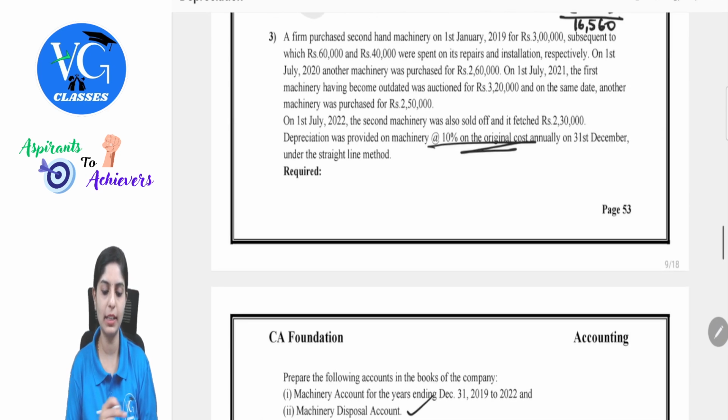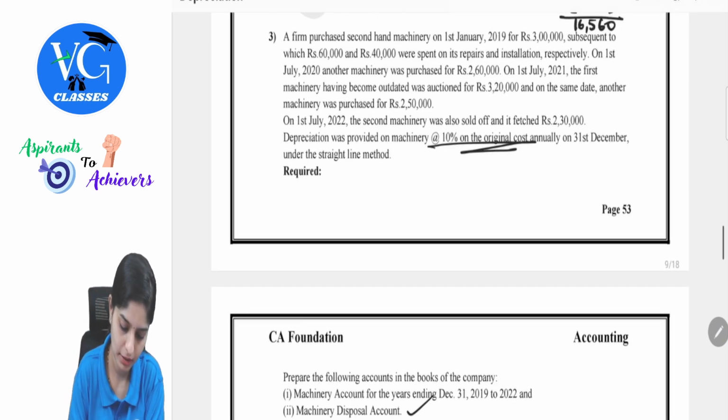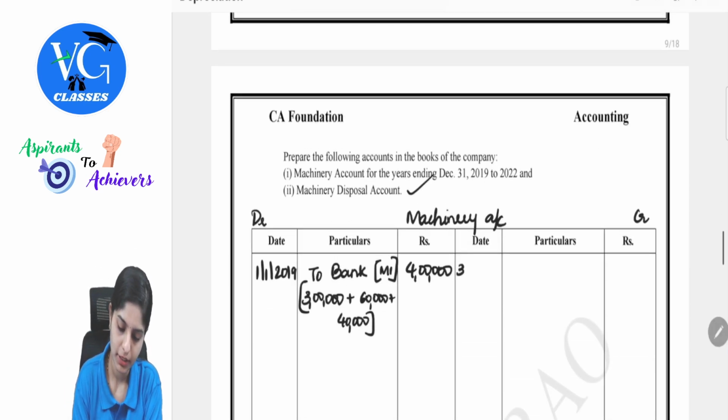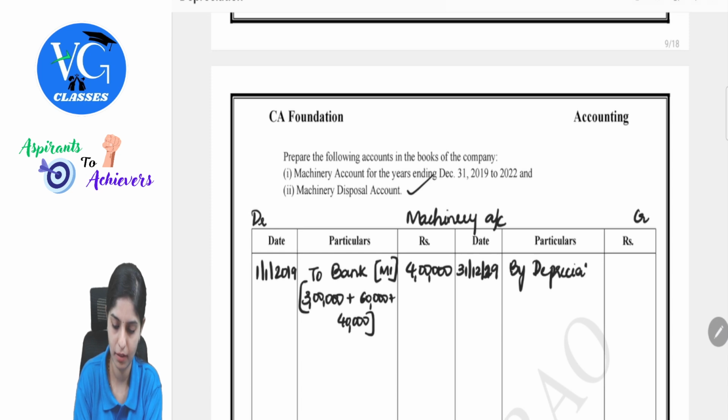On that particular year, there are no other transactions. So 31st December 2019 by depreciation 40,000.